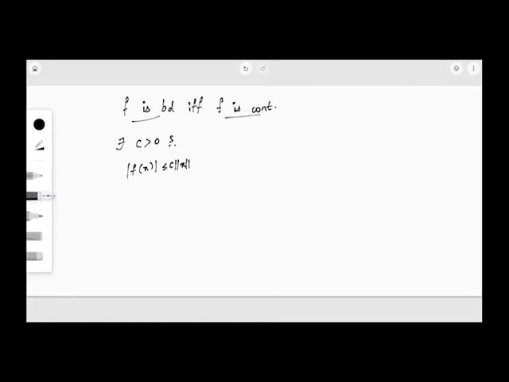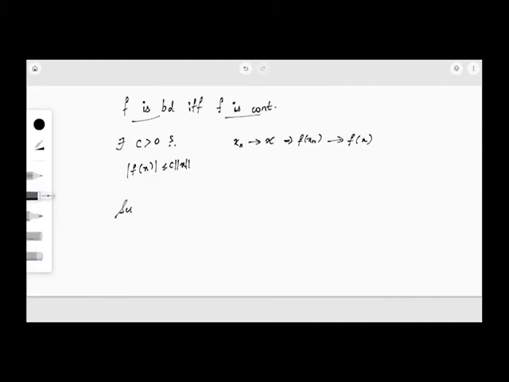And for f to be a continuous linear functional, the condition is if xn converges to some x, then f of xn must converge to f of x. So this is the condition for f to be continuous. So now we are going to prove that this is an if and only if condition.